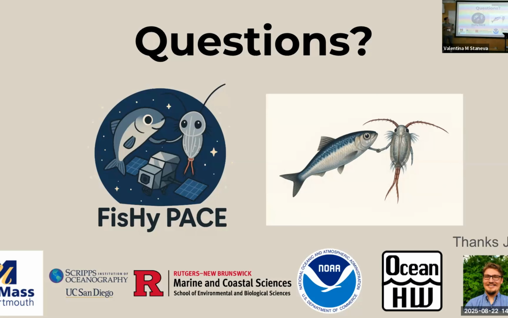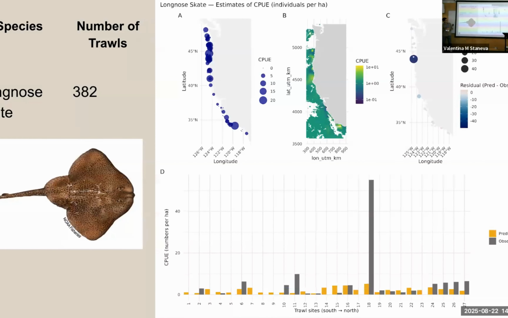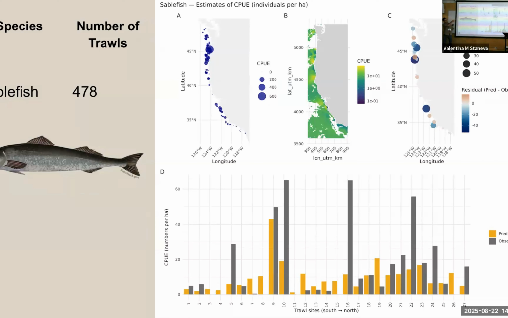If you go back a couple slides and look at that green plot, the middle plot at the top, which is our estimated CPUE in the model, you can see that it's pretty spotty. So we have a suite of trawls that were performed on different days. We used PACE data from each of the days that each of the trawls were conducted on.